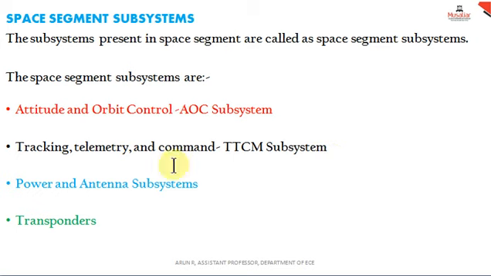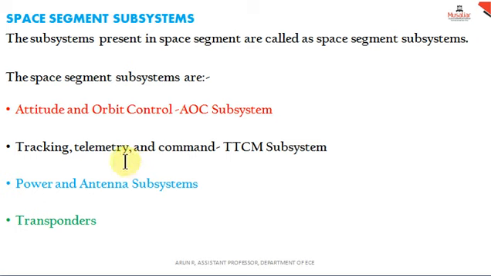What do you mean by telemetry? Telemetry means measuring some values, and accordingly an electric or electronic signal is generated and transmitted to a remote location. That is known as telemetry.